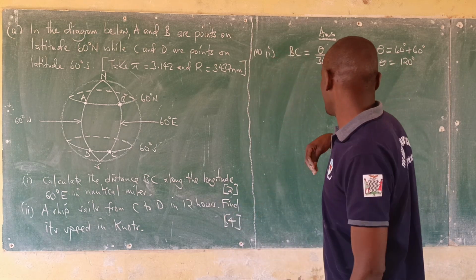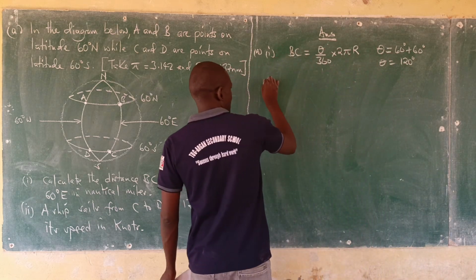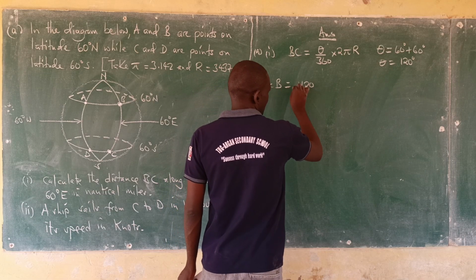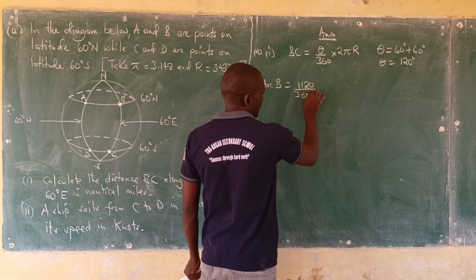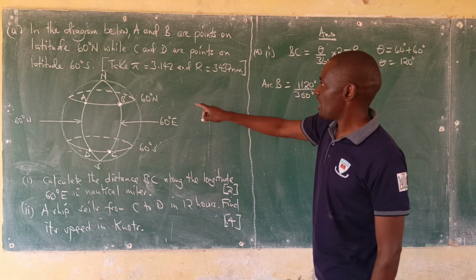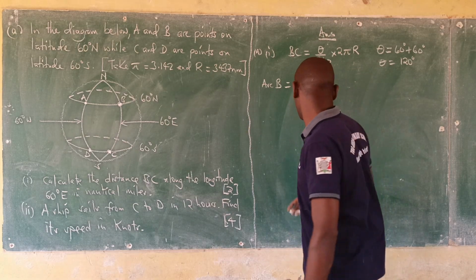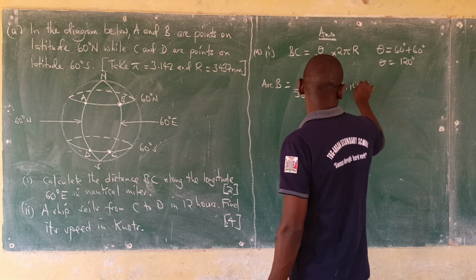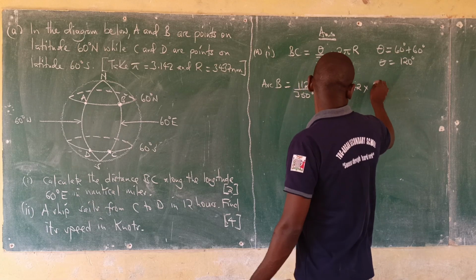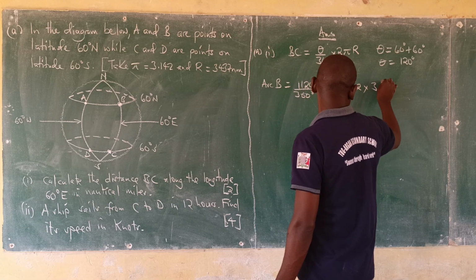Then we just fit in the formula, meaning BC is simply 120 over 360 times 2 times our pi. We are told we use 3.142, so 3.142, and then the radius is in nautical miles, so 3437.